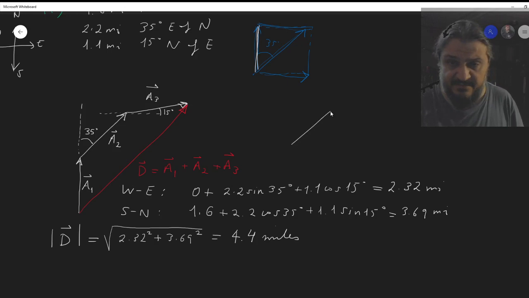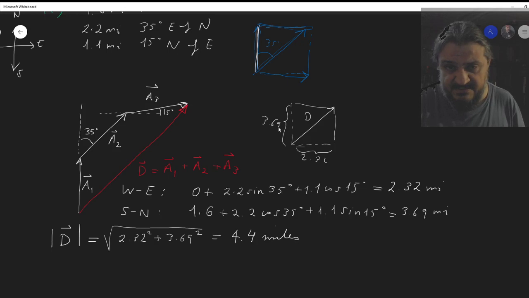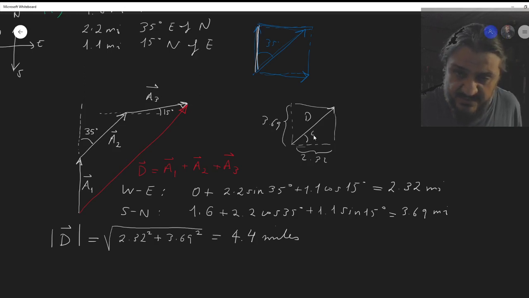So this vector D here had two components. The x component was 2.32. The y component was 3.69, or south-north instead of y. Okay, good. What about the angle, the direction? Let's find this angle here, phi.